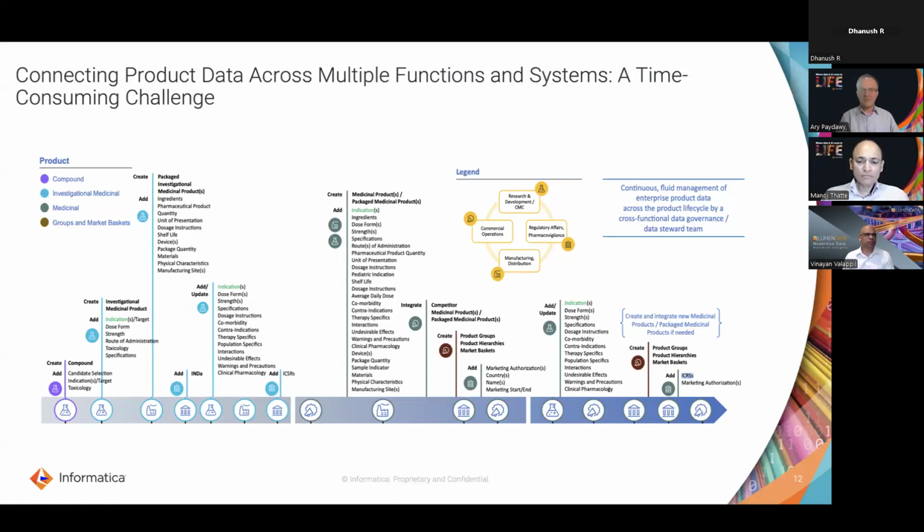Different views, different definitions of what it is. It creates that complexity and redundancy, and fragmented ownership of that data, making it hard to establish any level of correlation for any of these attributes that are needed enterprise-wide. And the other piece is the lineage of these products and traceability across, whether you're in R&D, commercial, regulatory, and so forth.